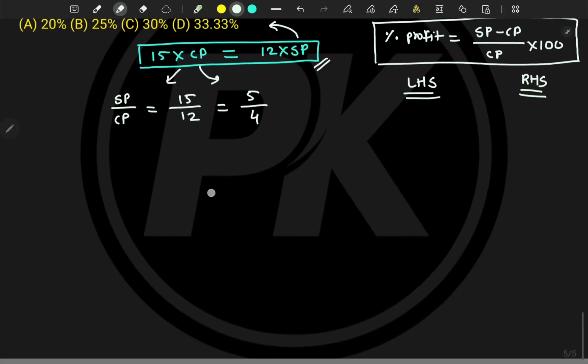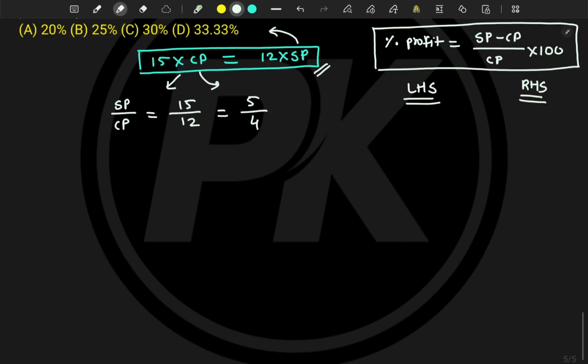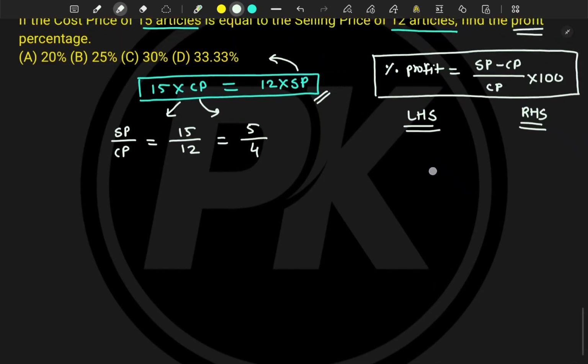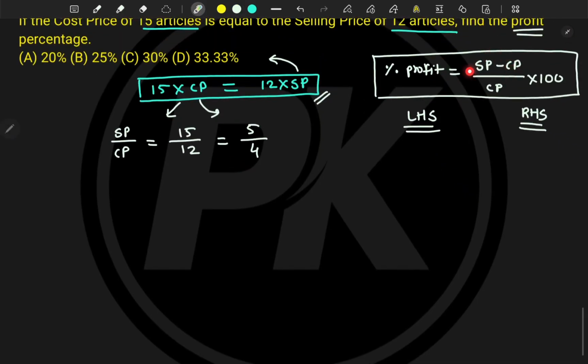Now you know componendo and dividendo, you might have heard these terms, simple mathematics rules. So now I will try to write in this form: selling price minus cost price divided by cost price.